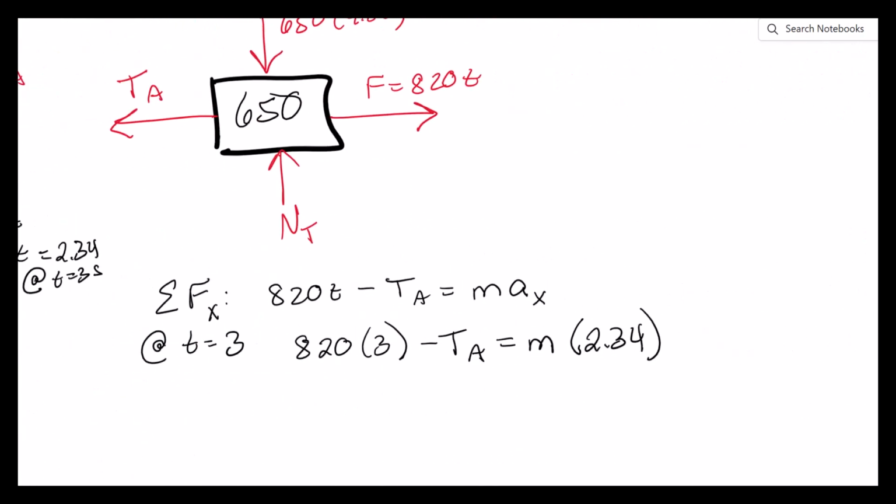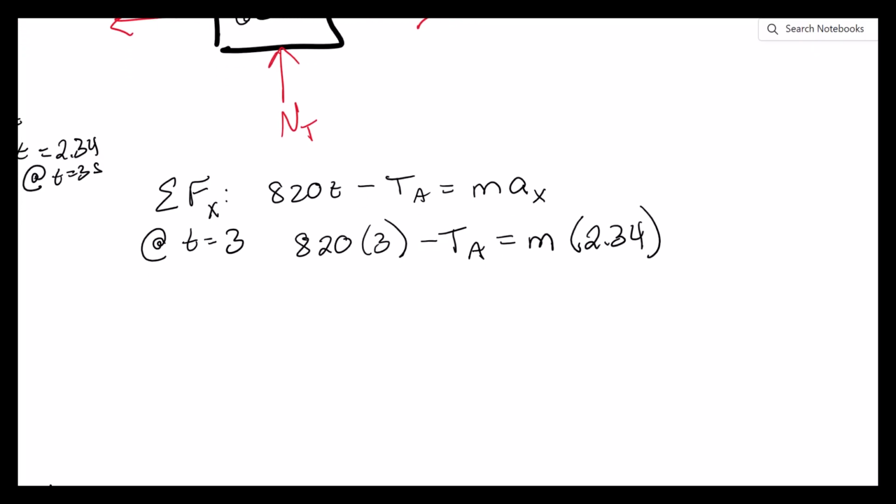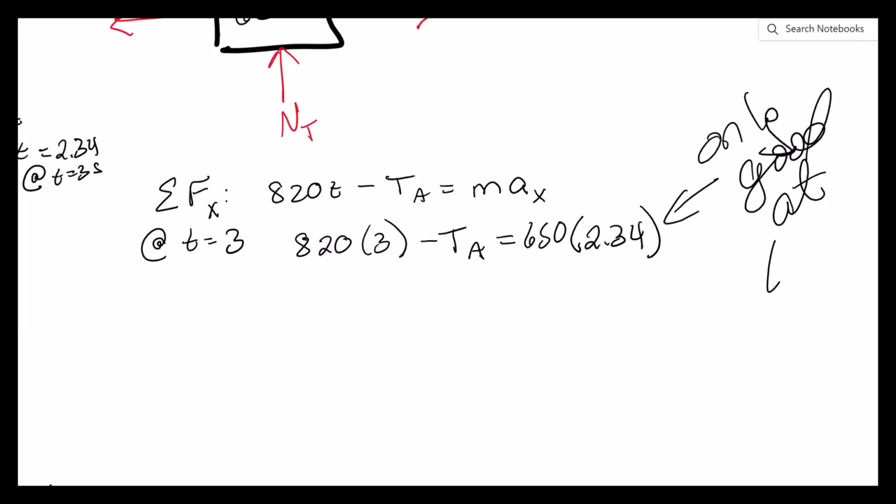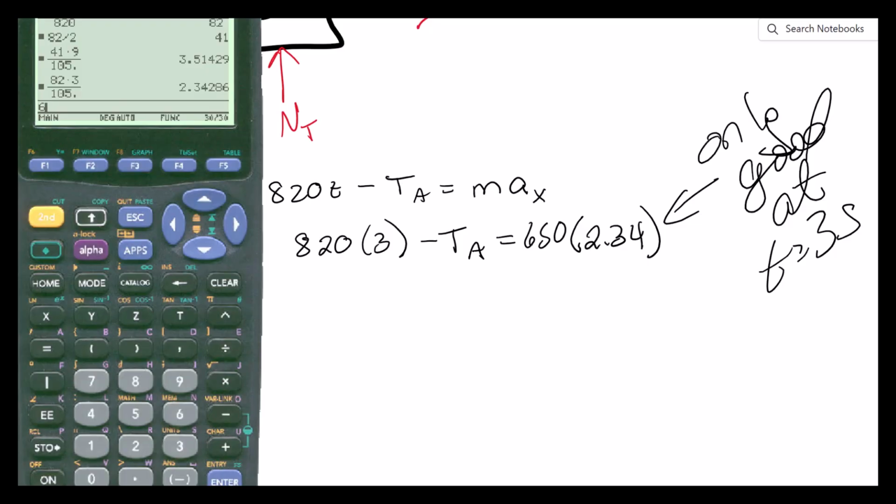Yeah, 650. So this equation is only good at t equals 3 seconds. So that's really important. So I've got 650 times that 2.34 minus 820 times 3.